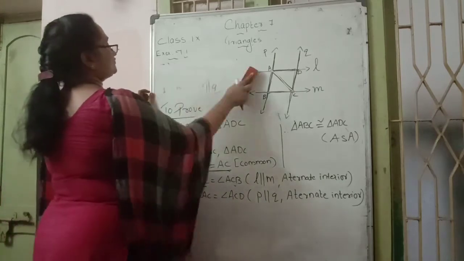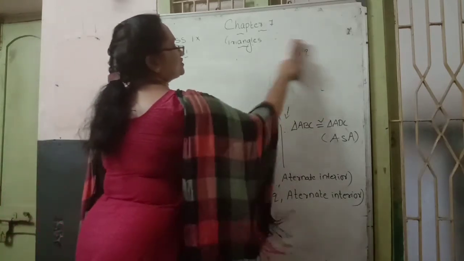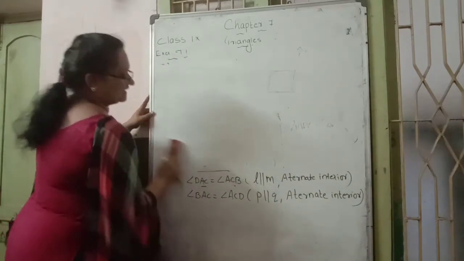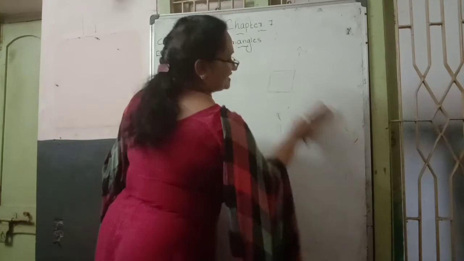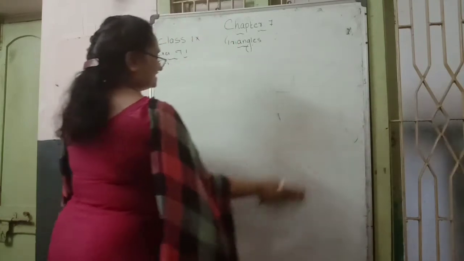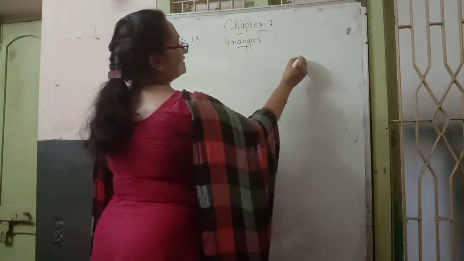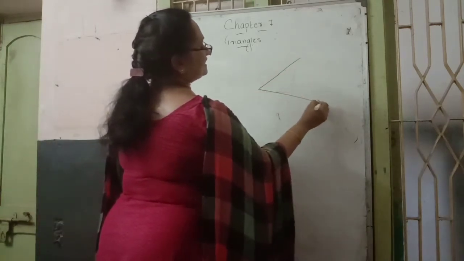Next, one more question, the fifth question. Fifth question also has a diagram. They gave another diagram in the fifth question. Here the diagram is like this: one angle shape diagram.